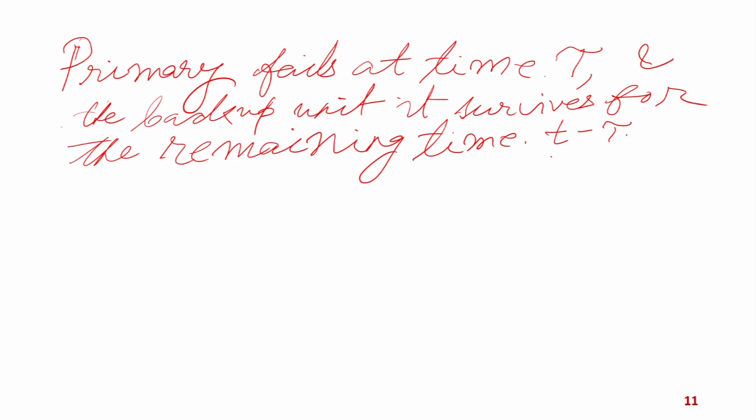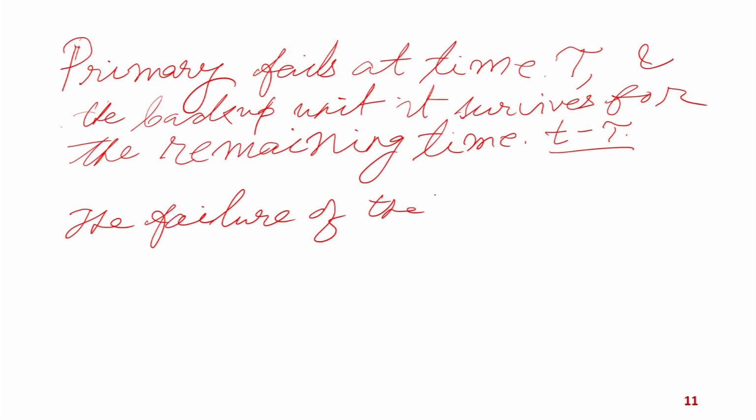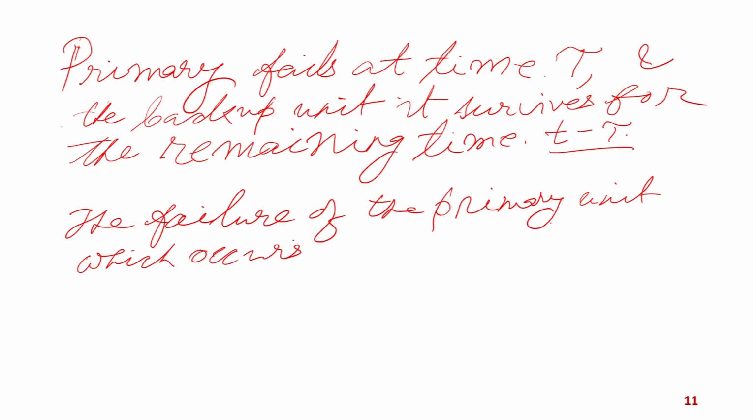so we will consider this, and then we will consider the failure of the primary unit, which occurs, as we already said, at tau.